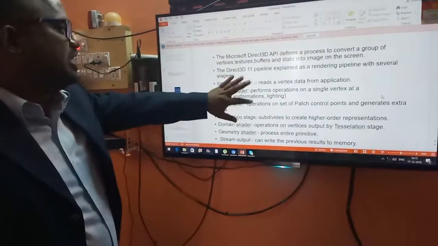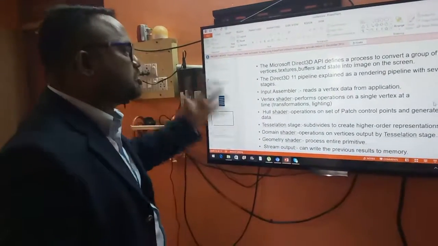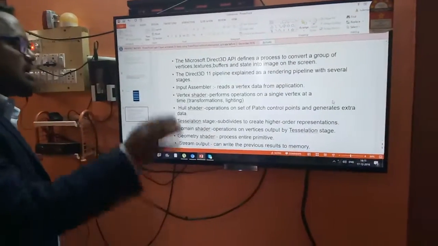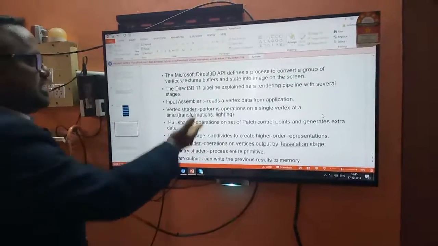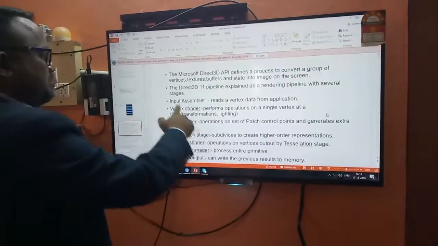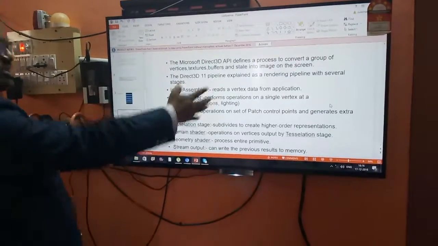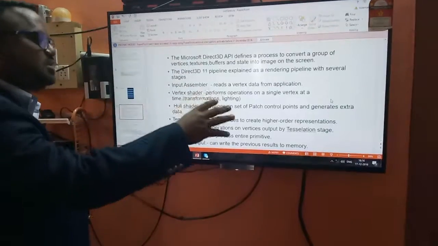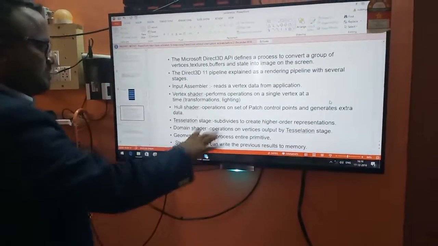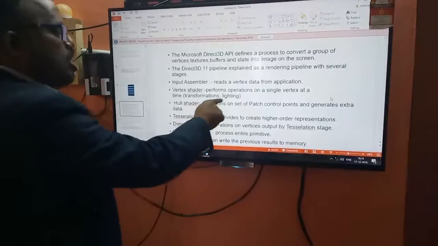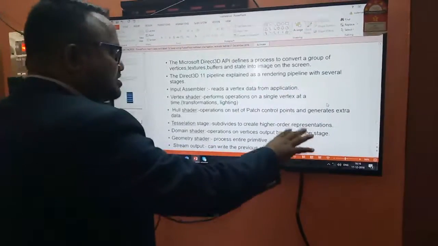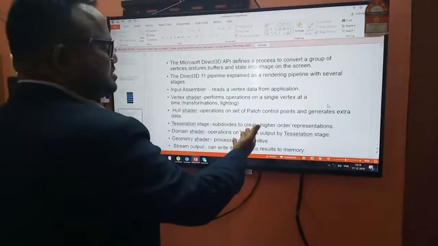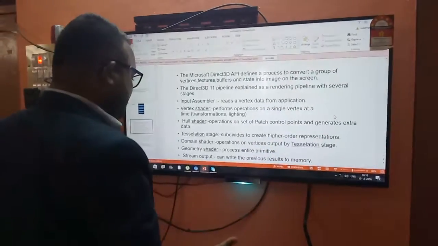So the Microsoft 3D API defines the process to convert the group of vertices, textures, buffers and stages into an image on the screen. Direct3D 11, which we designed, explains the rendering pipeline with several stages. One is the input assembler, which reads the data, and a vertex shader, which operates on a single vertex at a time, and the hull shader, which operates on a set of patch control points and generates extra data. Tessellation stage, we already know, subdivides to create a higher order representation.